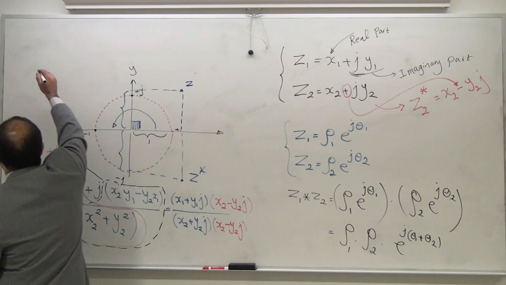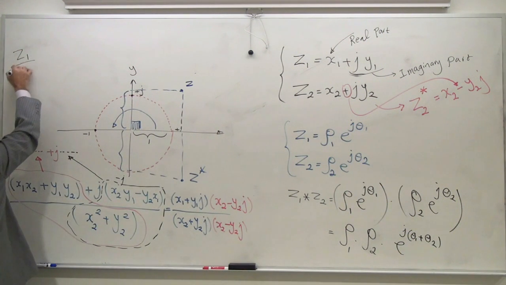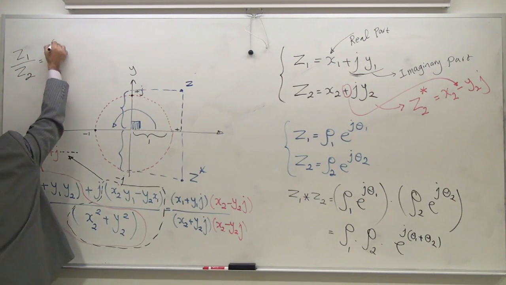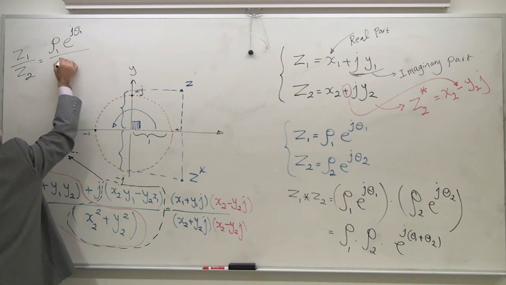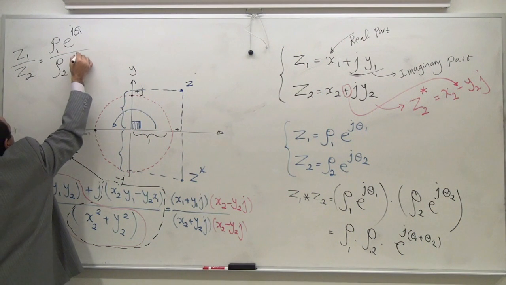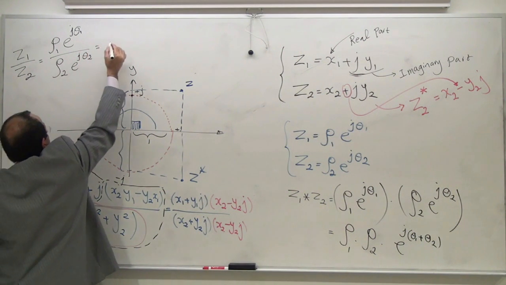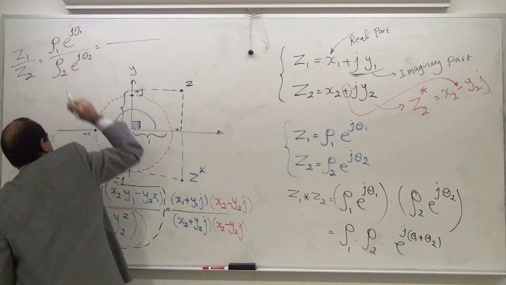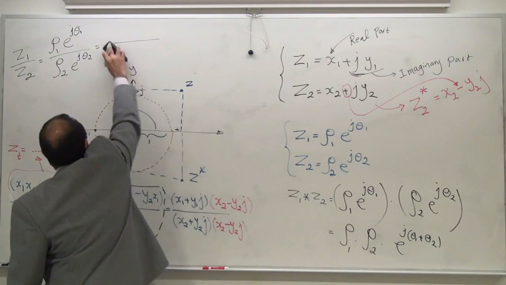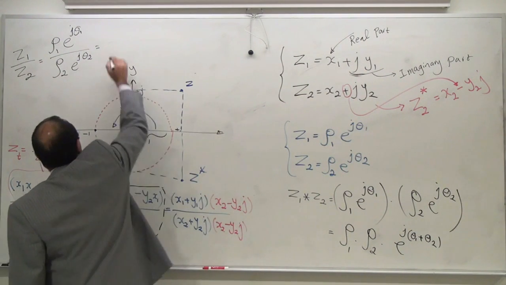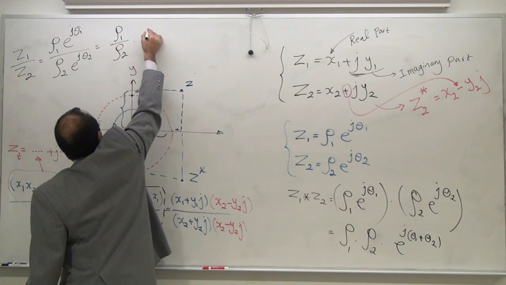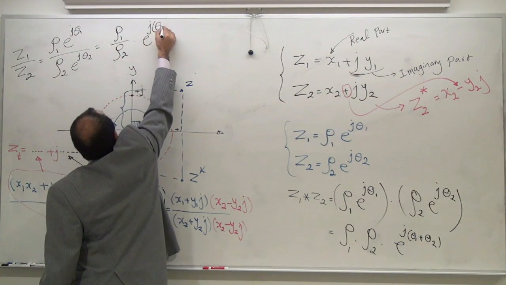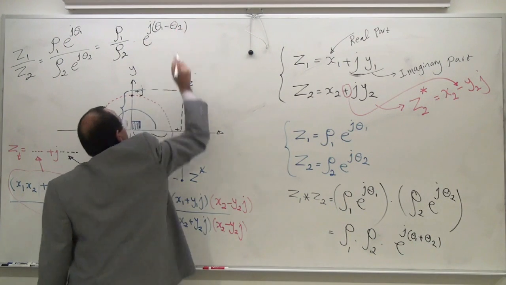Let me surprise you with the division. Z1 divided by Z2, what is this? This is rho 1 e to the power of j theta 1 divided by rho 2 e to the power of j theta 2. What do I get? Very immediately, you can say this is going to be rho 1 divided by rho 2 times e to the power of j (theta 1 minus theta 2).